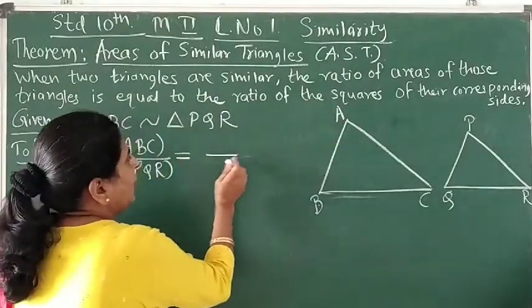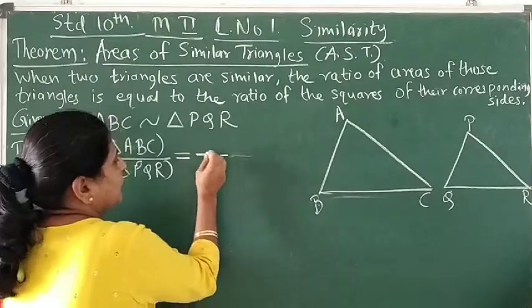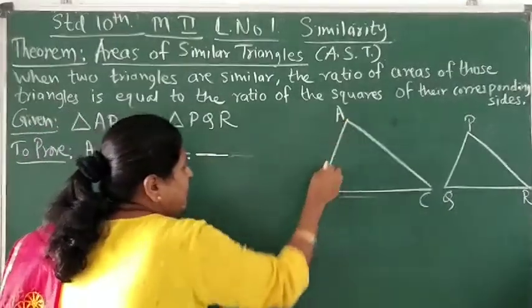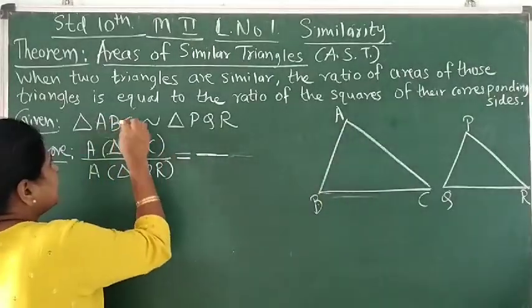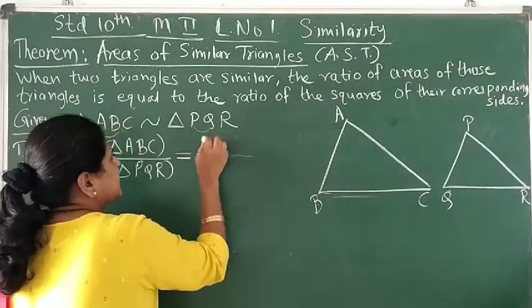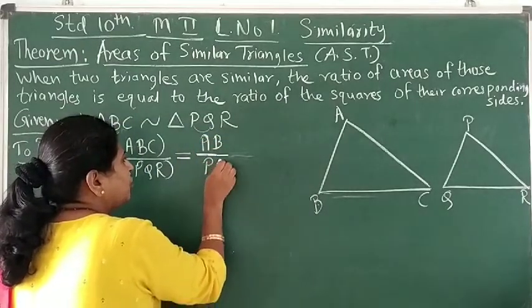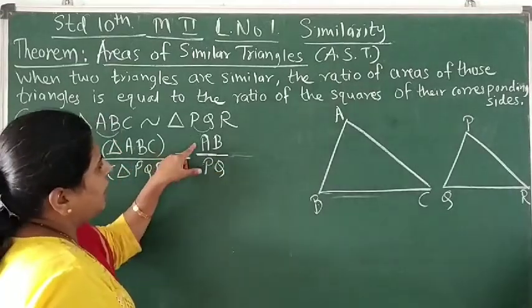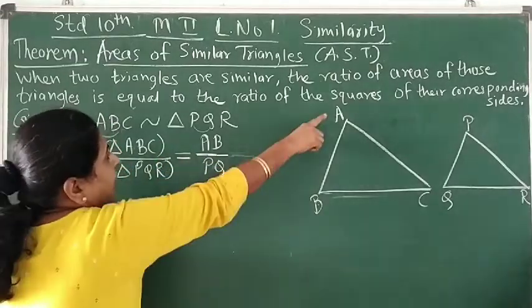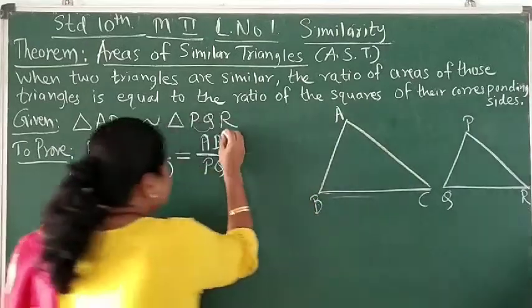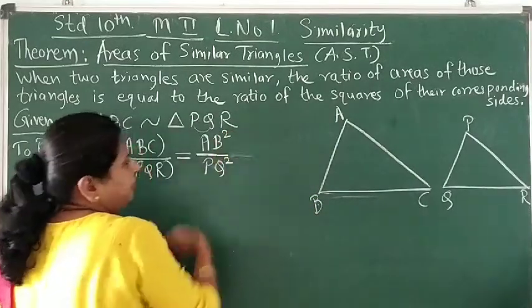What are the corresponding sides? Corresponding to AB, the first and second letters, here it is PQ. These are the two corresponding sides, and we want the ratio of their squares. Here it will be AB square upon PQ square.